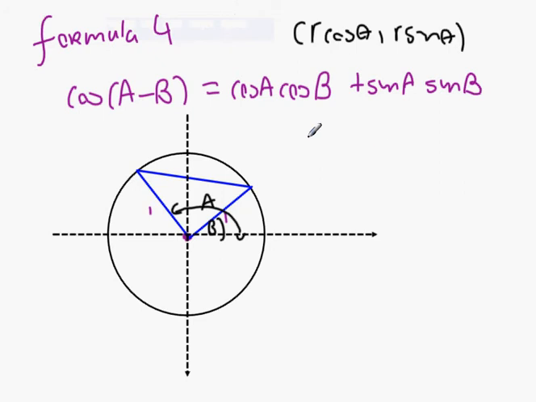So, what would this point be then? Can anybody tell me what point would this be? This point here? Anybody? Cos B. Yeah, 1 cos B, 1 sin B. So just cos B, sin B. Okay. And what about this point here? Cos A, sin A.